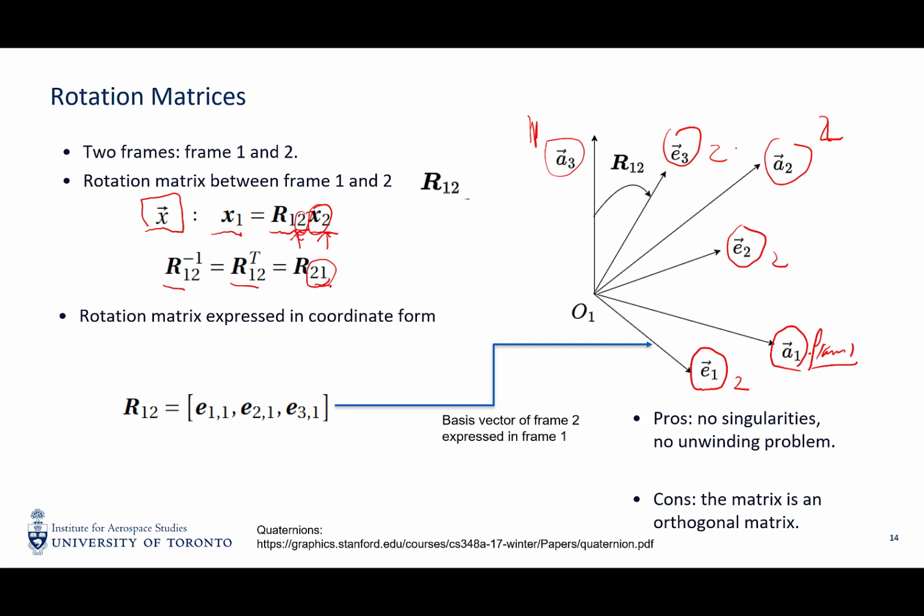If we know the coordinates of the basis vectors forming frame 2 expressed in frame 1, then we can directly form the rotation matrix by stacking all the coordinates in the direction of rows together, and we get R12.